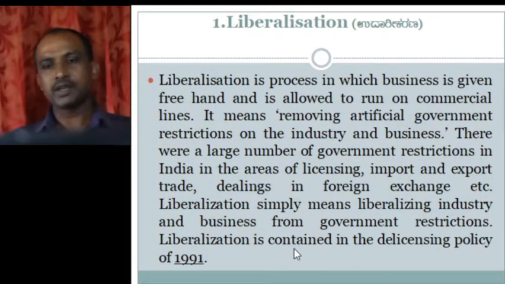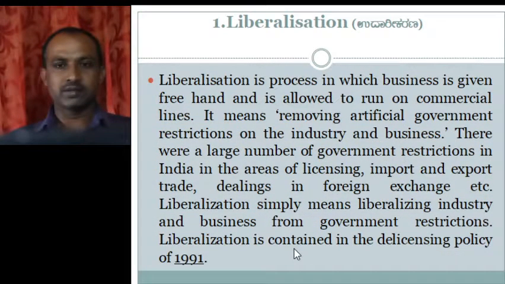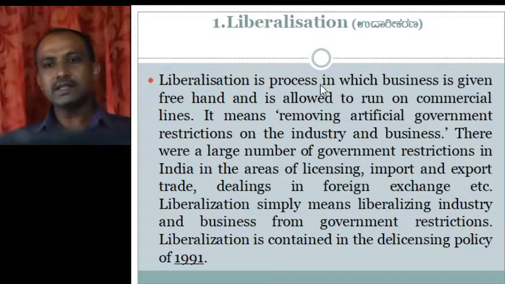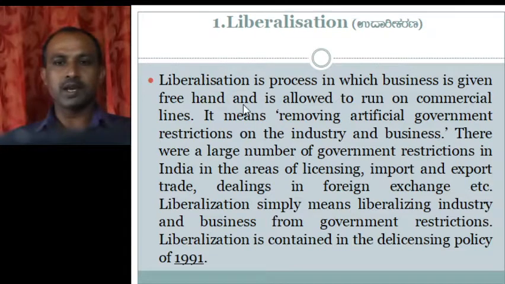The first thing is liberalization. Liberalization is the process in which business is given a free hand and is allowed to run on commercial lines. It means removing artificial government restrictions on industry and business.